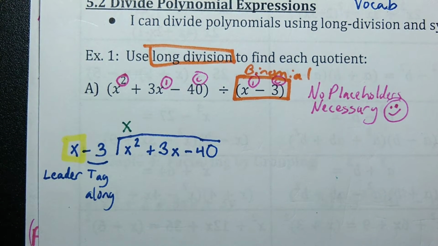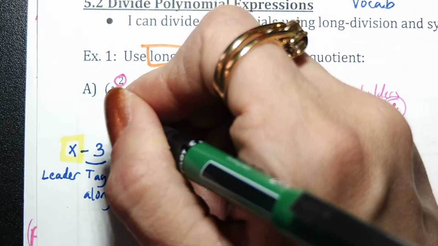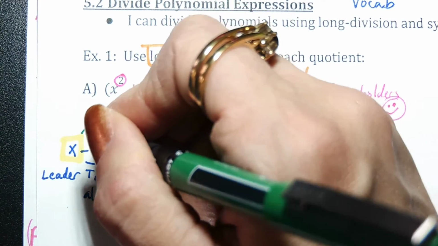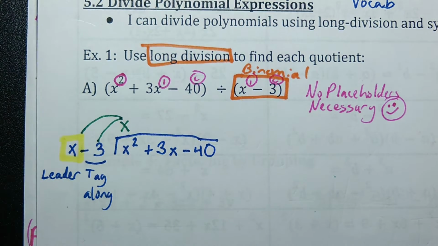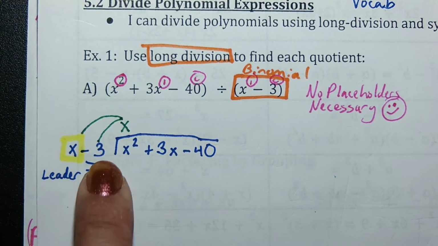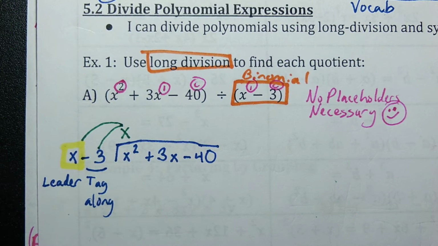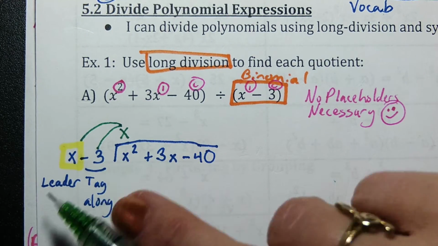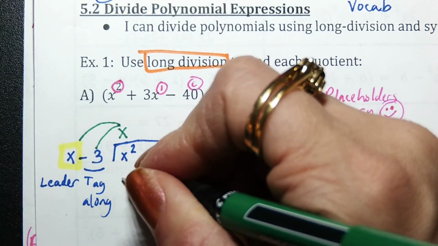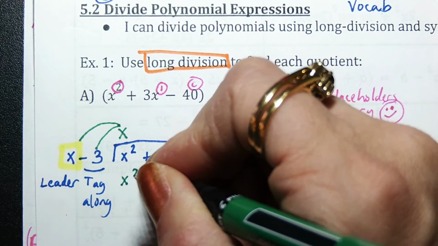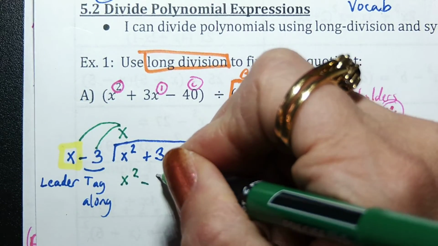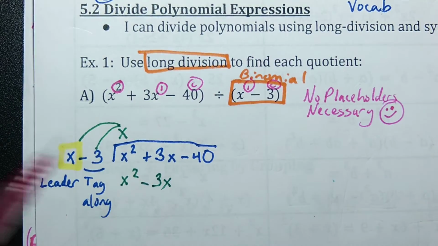So the leader term decides what goes on the dividing house, and then we are going to multiply by both parts of the divisor for our first line. So this -3, it tags along. It doesn't help with the deciding of this, but it comes along for the ride on our first line. So x squared minus 3x.